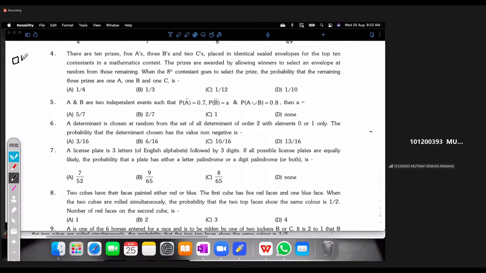So there are 1, 2, 3, 4, 5. Yes, there are 1, 2, 3. These are there. But when you look at this one way only, all are same way. But at the end of the 8th contestant, the moment 8th contestant comes, here this one should be remaining, here it should be remaining, and here this should be remaining only.